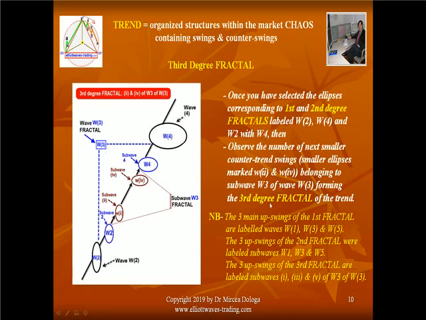We go even further down and look for the next smaller counter-trending swings, which are smaller ellipses marked parentheses WI and parentheses I5, belonging to the subwave W3 of wave W3 parentheses, which forms the third degree fractal of the trend.